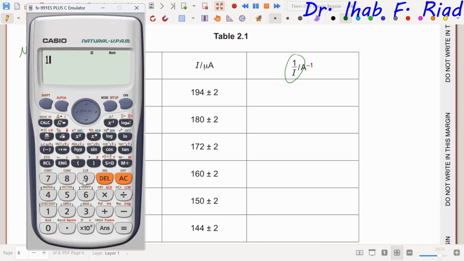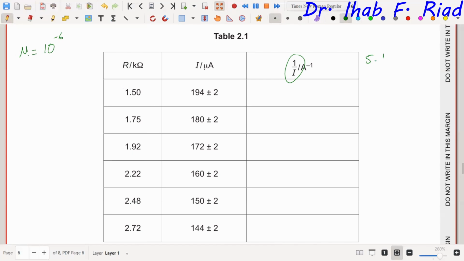So it is 194 minus... Can you see it on the screen, Dean? Yes, I can. 5.154 times 10 to the power minus 3, right? But remember, we are getting 1 over microamp.